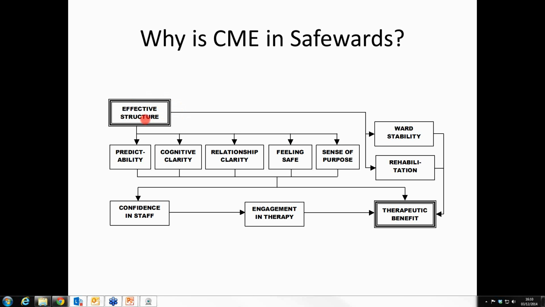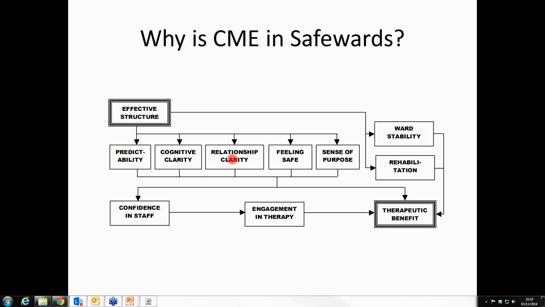So effective structure generates a number of different things. It makes the ward predictable for patients. So patients know what's likely to happen if they behave in certain ways. They know what the routine is, so they know what to expect. That effective structure, that external structure, we've heard from staff and patients, generates a cognitive clarity internally with the patient. So it cuts the degree of confusion which the patient is experiencing.